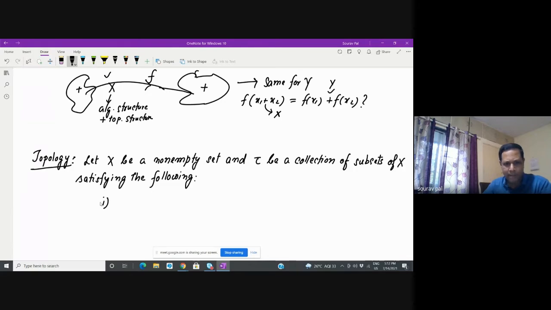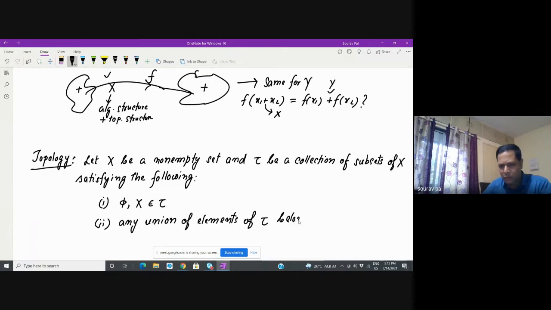Number one, the empty set, which is a subset of every set, we know that, and the whole set, they are there in the collection. Number two, this is closed under any union, meaning you take any union of elements of tau, it belongs to tau.